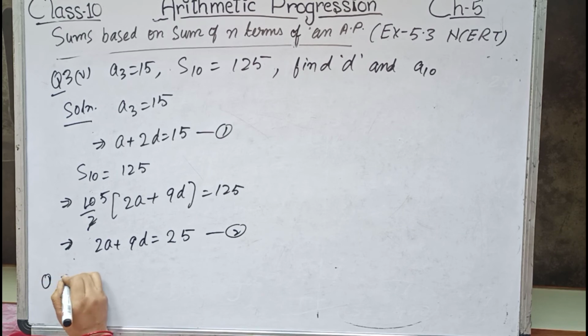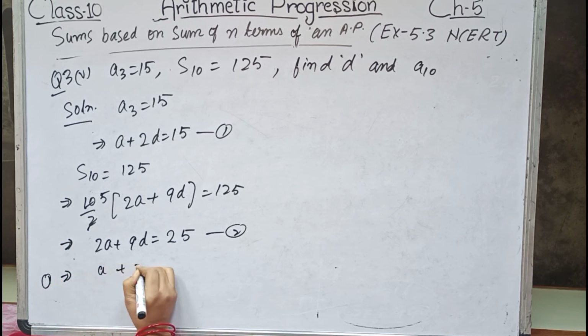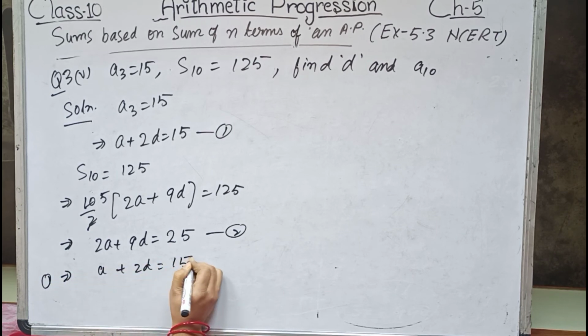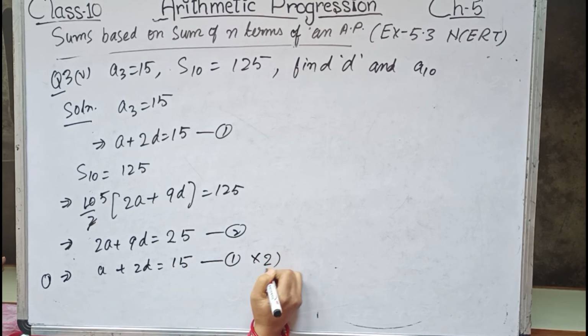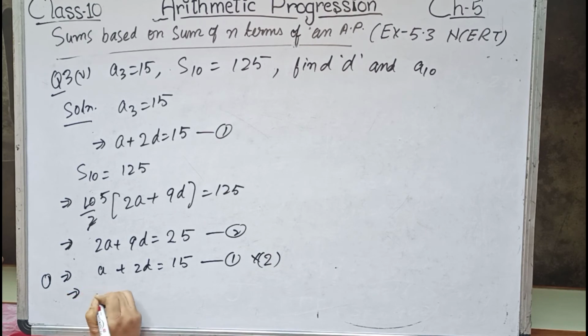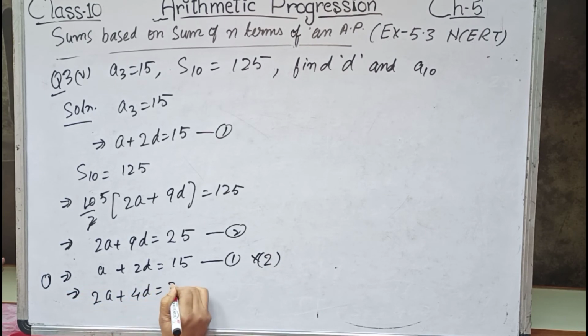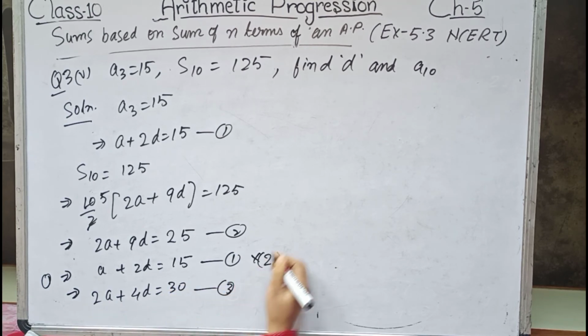Now equation 1 implies A plus 2D equals 15. So this is equation 1, and 1 into 2 we are doing implies 2A plus 4D equals 30. Make it number 3.